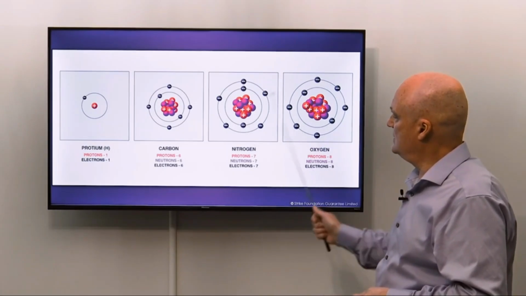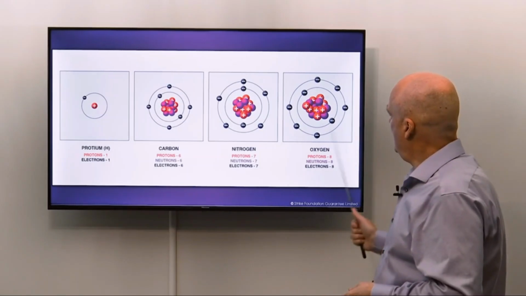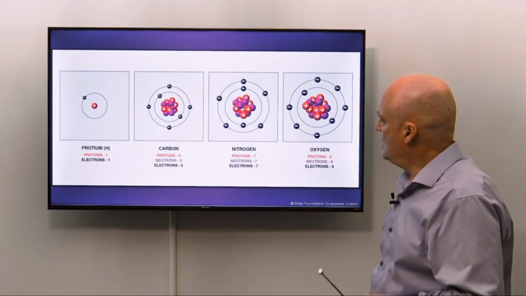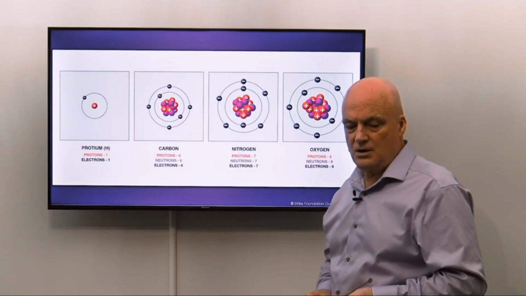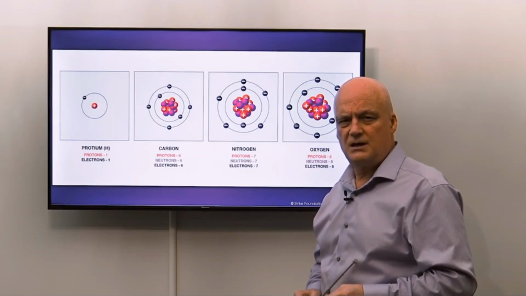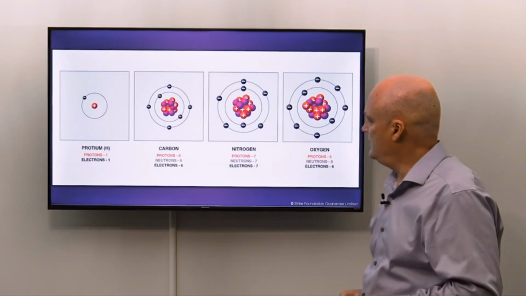Nitrogen is, as I said, about 79% of our atmosphere. Oxygen's about 20%. And carbon, in the form of carbon dioxide and carbon monoxide, is only a very small percentage of the gases in our atmosphere.